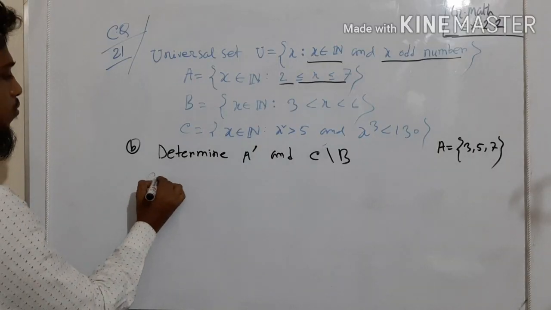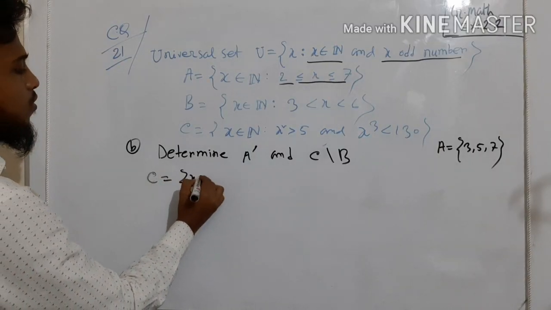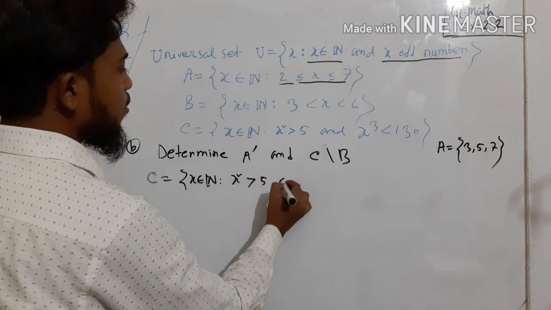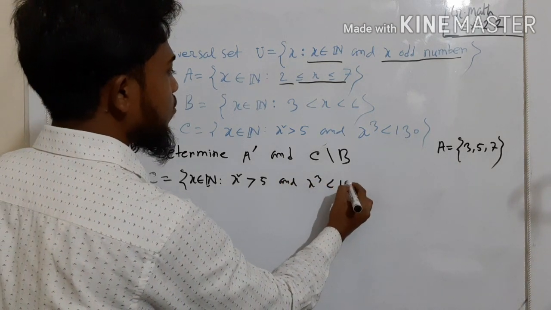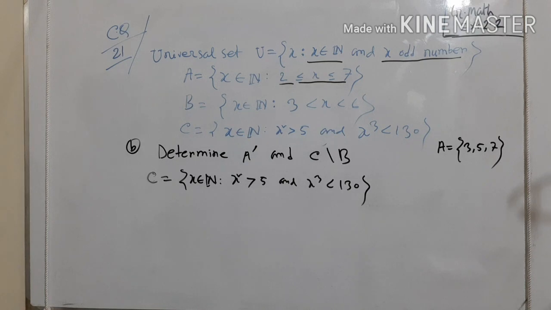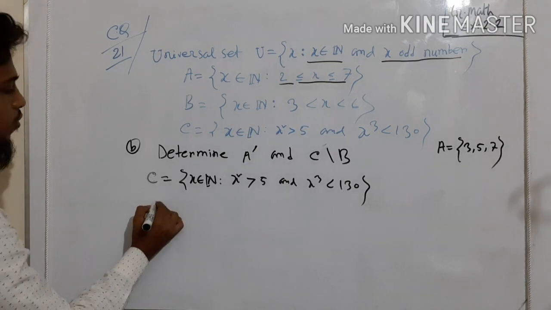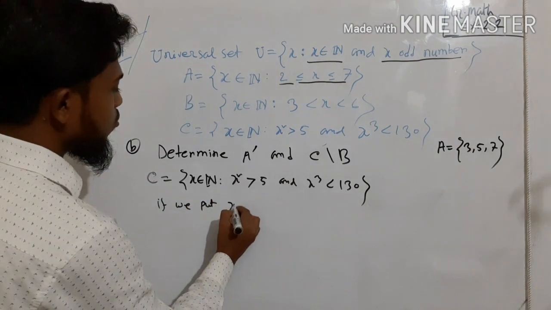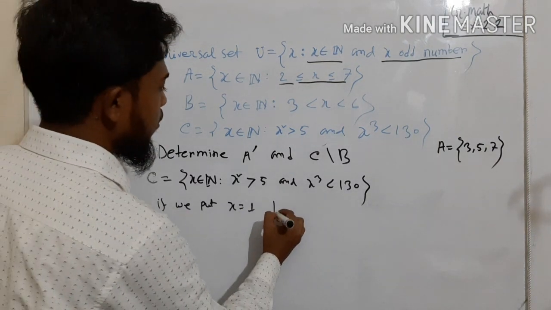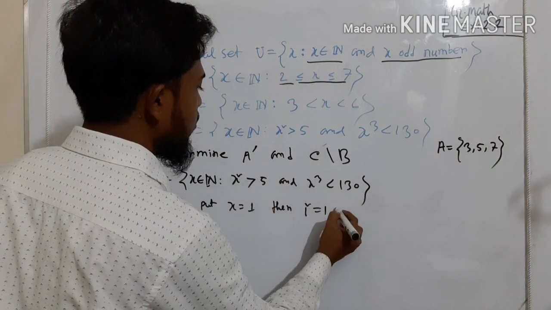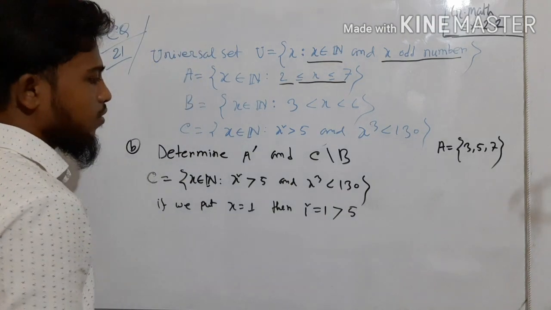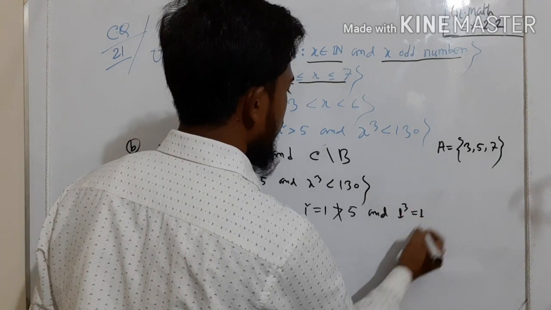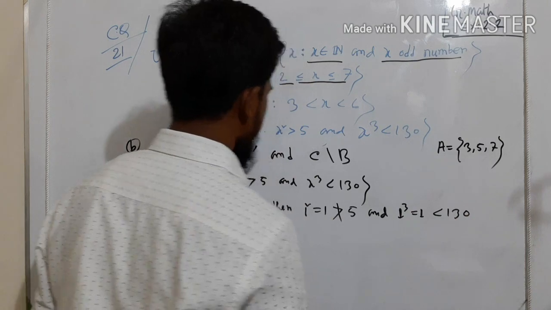C equal to x is a natural number such that x square is greater than 5 and x cube is less than 130. So according to the condition, if we put x equal to 1, then 1 square equal to 1 is not greater than 5, and 1 cube equal to 1 is less than 130.